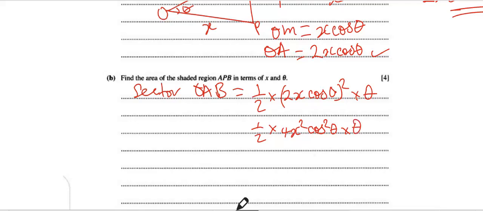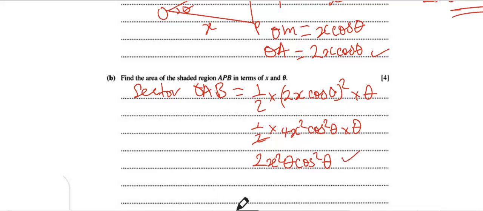If we simplify, a half can go into 4, so we are going to have 2x squared theta cos squared theta. So this is sector OAB.